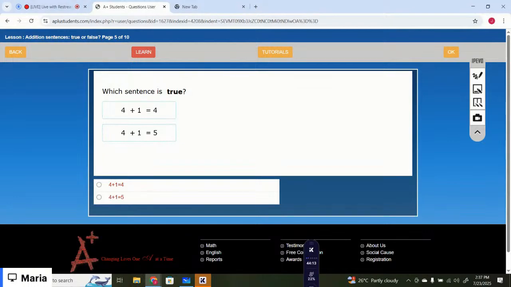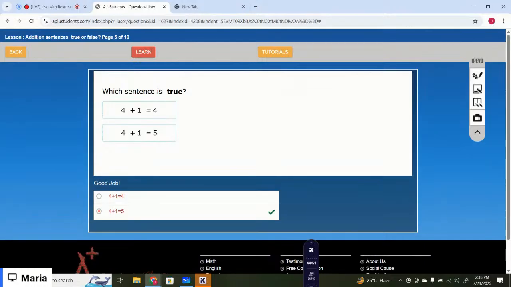Which sentence is true? 4 plus 1 equals 4, or 4 plus 1 equals 5? That is 4 plus 1 equals 5. Option number 2 is the correct option.